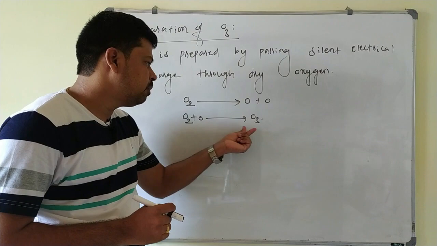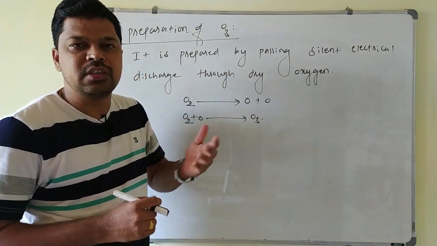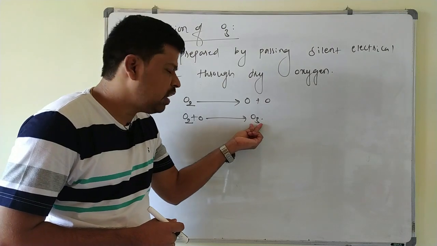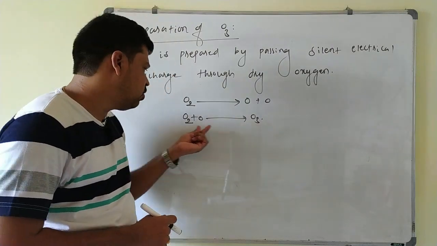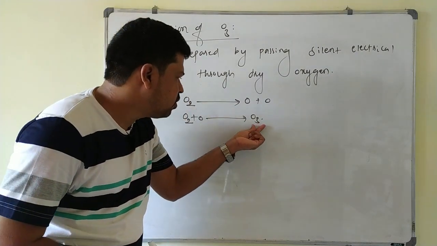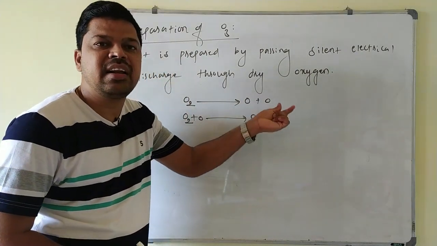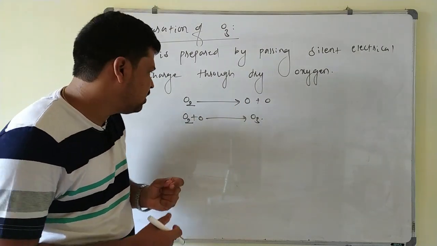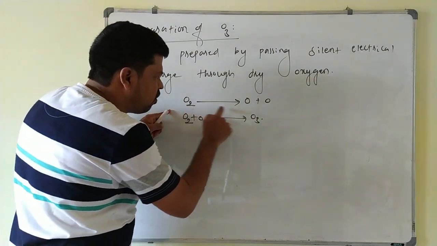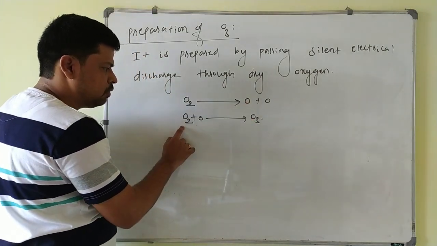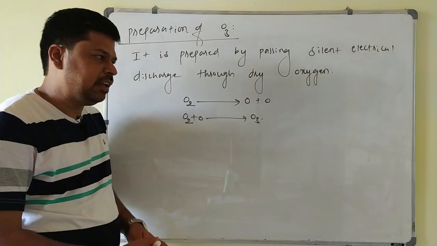If you use a higher amount of energy, then with increase in temperature, O3 rapidly decomposes again to give back O2. That's why silent electrical discharge is used, which produces less heat, just sufficient for the dissociation of O2, so that one atomic oxygen combines with O2 to give O3.